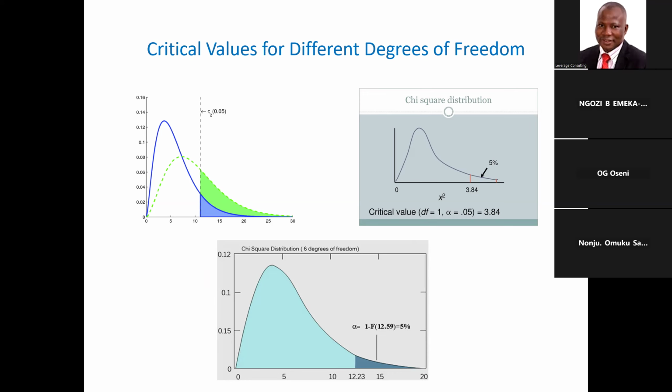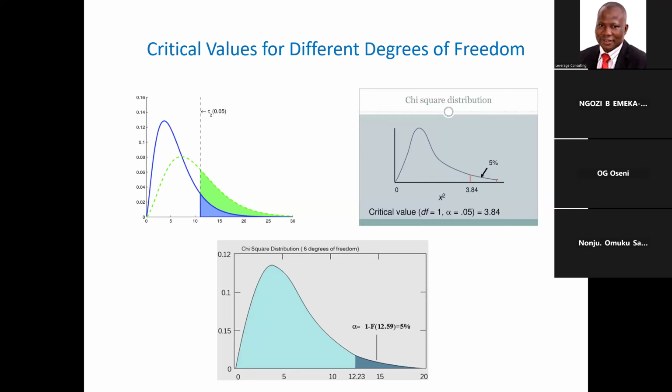So along this column, with this graph with the degree of freedom 1, if you are measuring the value of chi-square from 0 horizontally, where the graph is divided into 95% and 5%, it is 3.84. The chi-square is 3.84. That is the critical value for chi-square with degree of freedom 1.